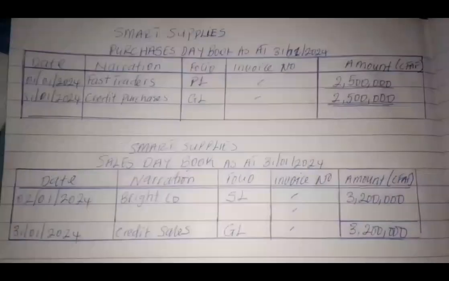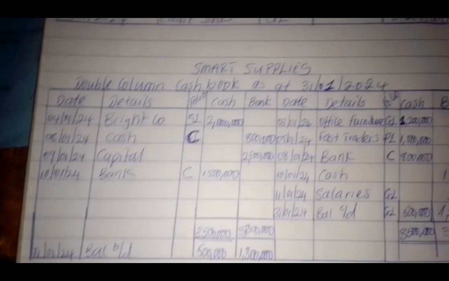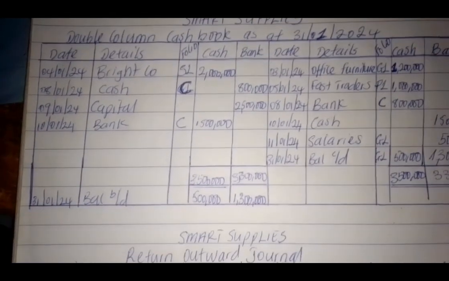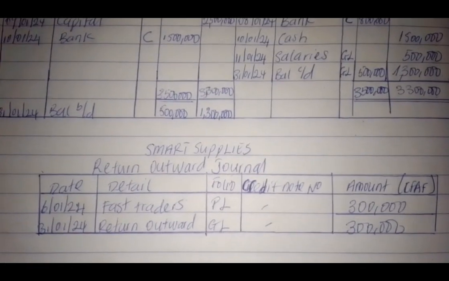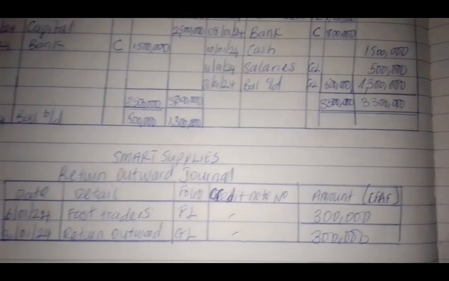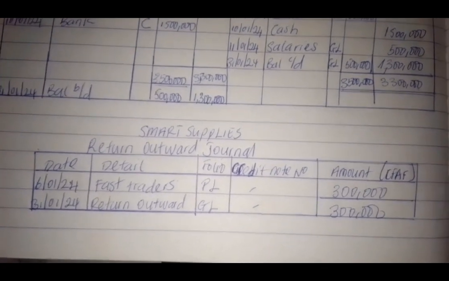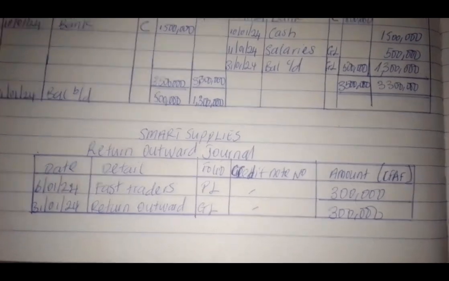Then we also continue to look. There is no other Fast Traders, but when you go to the returns outwards journal, you will see Fast Traders. And this returns outwards is an adjustment account to the purchases journal, which means it is credited. So to respect the double entry principle, we are supposed to debit it.